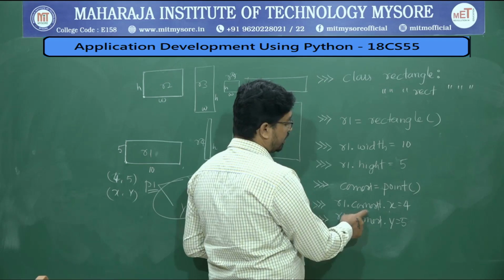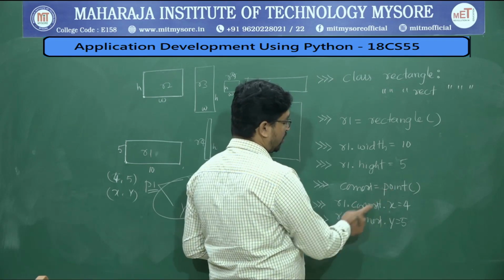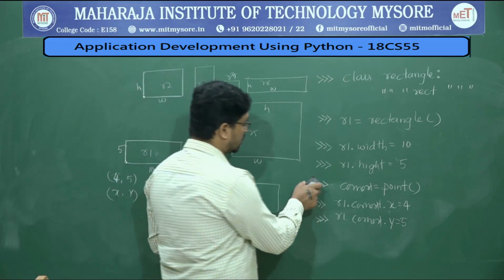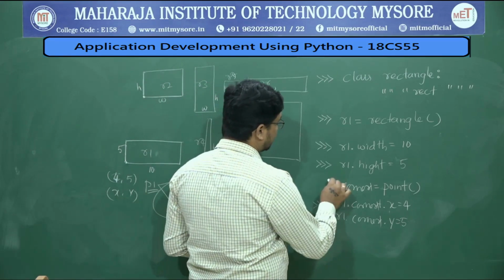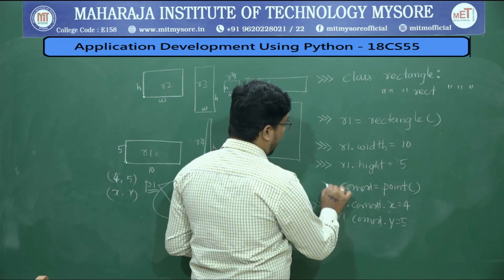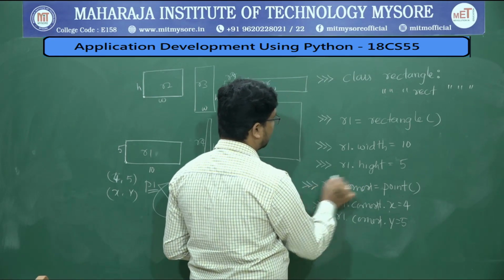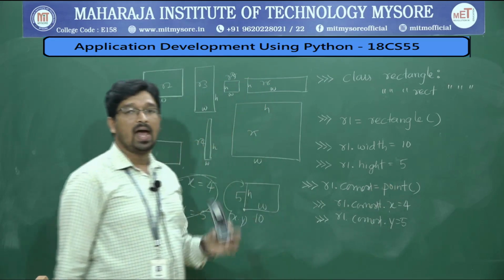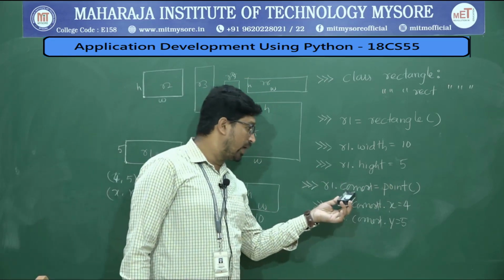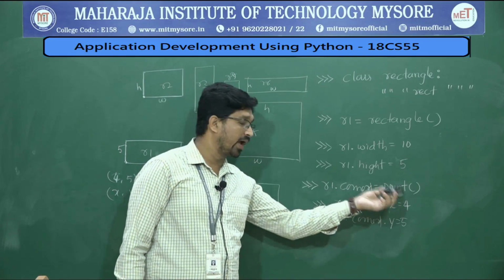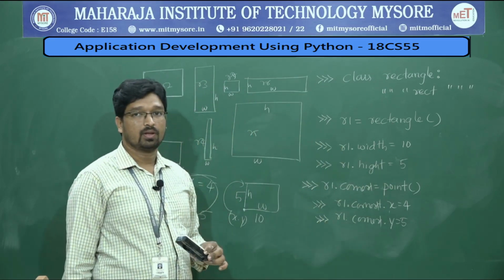You cannot access the corner object, that is the point object, using a rectangular object. So for that, we have missed one thing. We need to write R1 dot corner is equal to point. I am creating one more attribute of R1, which is corner, which is of type point.